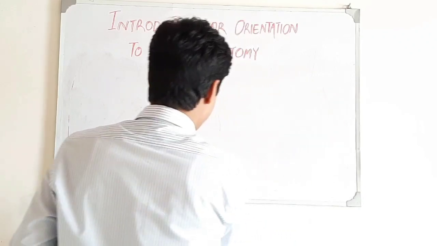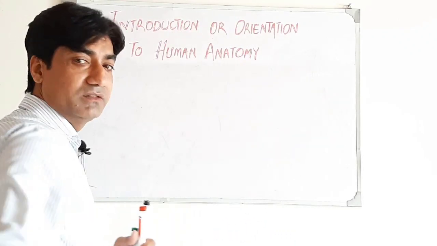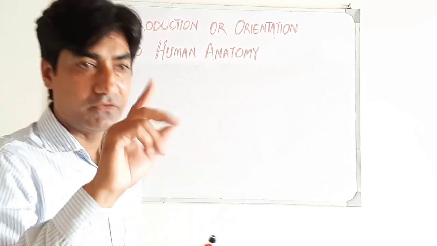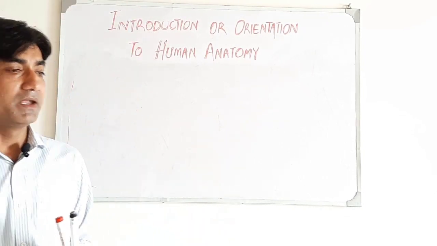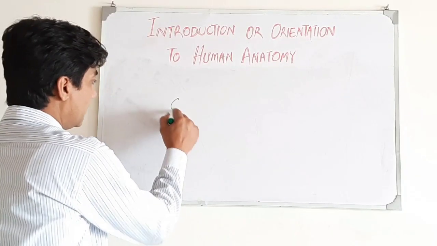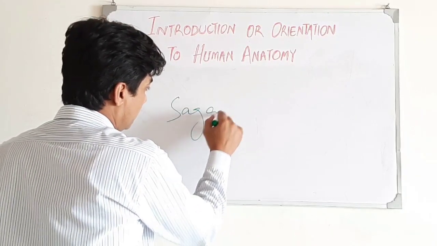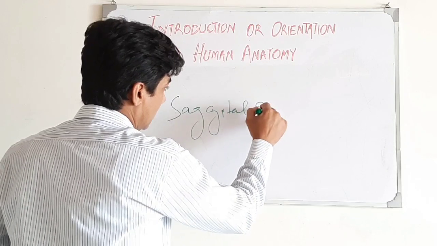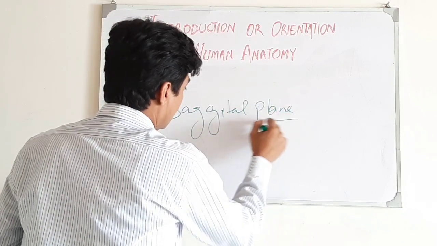As we have discussed, three types of anatomical planes are used to describe the human anatomy. First of all, the sagittal plane.